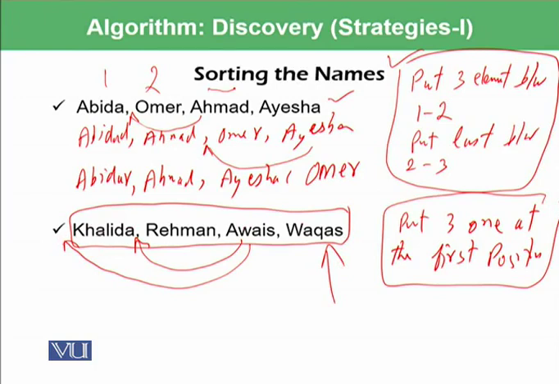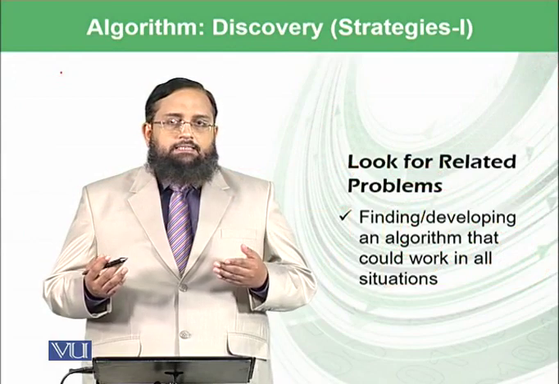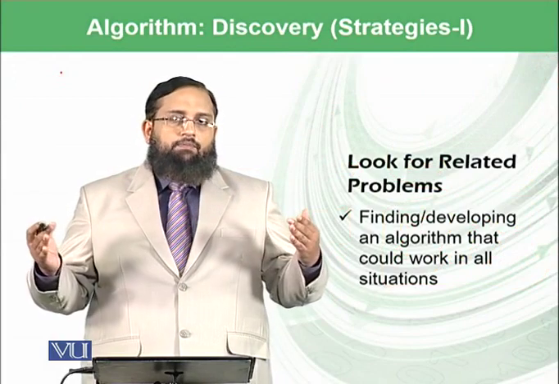It will analyze all of the names and put at the first location the name which is the smallest lexicographically, and then it will keep moving in the same direction. So that algorithm can be applied over here and here, or on any other data or any other instance you find.